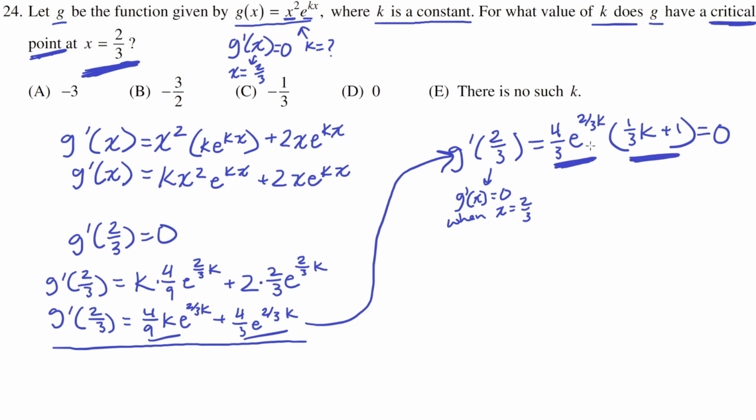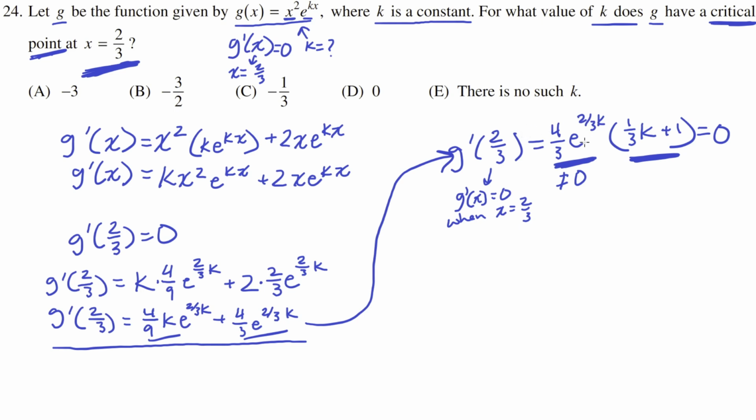Now, if we look at this e term, just by our knowledge of the exponential function, we know that this can never equal 0. There's no value of k, no value of this exponent, that will give us 0 from our exponential function, because if we plug in 0 for k, anything raised to the 0th power is just equal to 1.